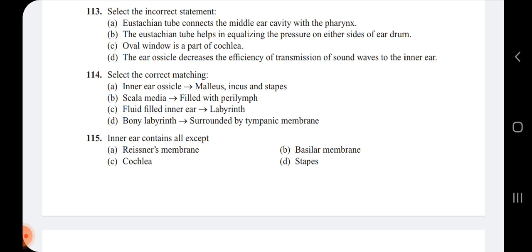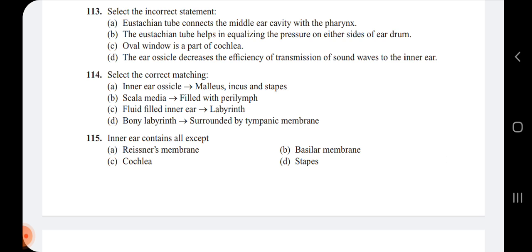Next question. Select the correct matching. Inner ear ossicle: it is malleus, incus, stapes. So this is wrong, because the middle ear ossicles are malleus, incus and stapes.